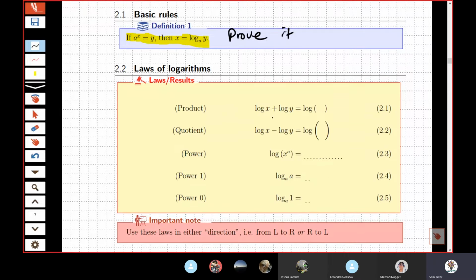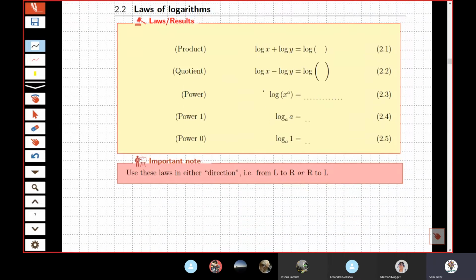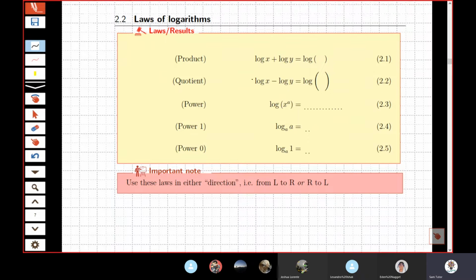All right. So the laws of logs, just like there were index laws, there's log laws. They're not too hard. This one says log x plus log y. So if you add two logs, you're allowed to multiply the terms on the inside. So adding two logs, you can multiply.